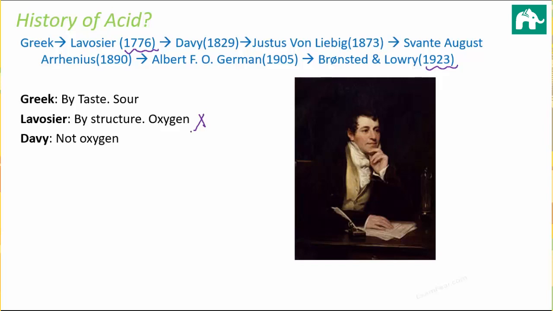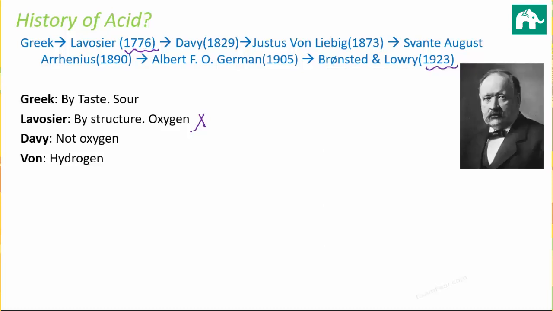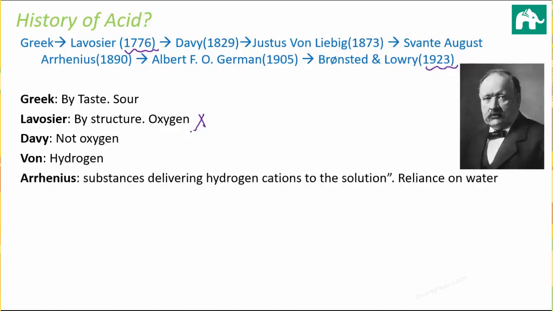Again, a few years later, Vaughan came up with a new definition of acid, and he said that one with hydrogen is acid. So he said that the presence of hydrogen tells us about the acidic nature of a particular substance. Again, a few years passed by, then came Arrhenius.